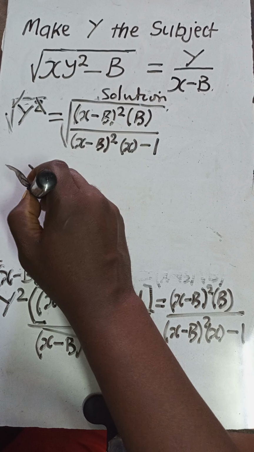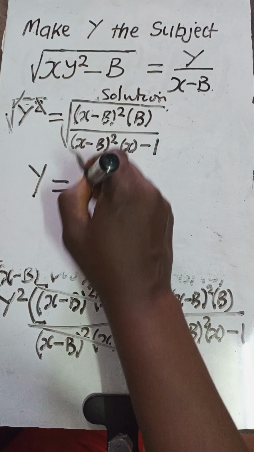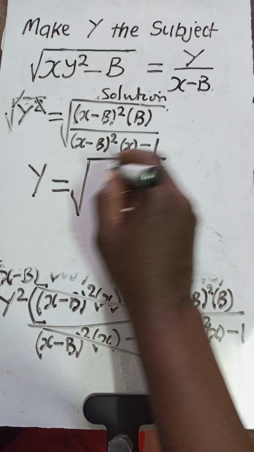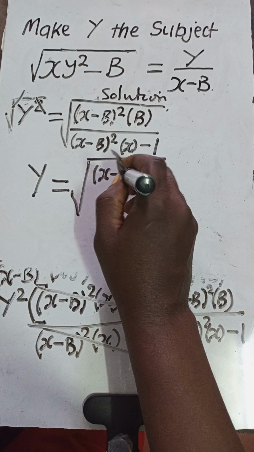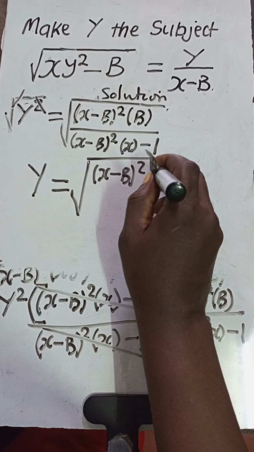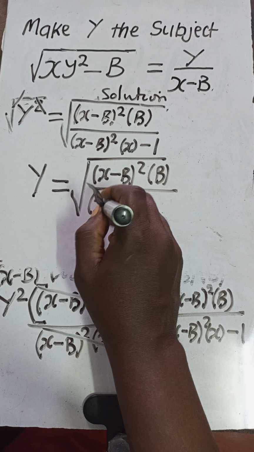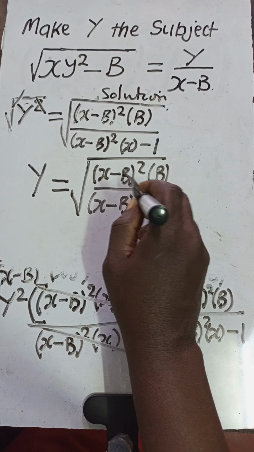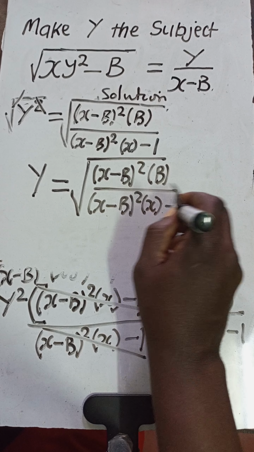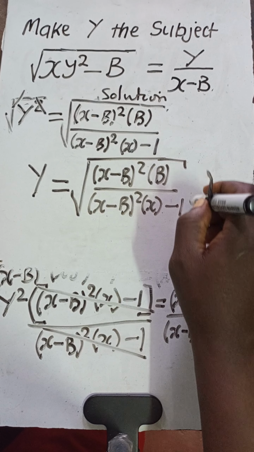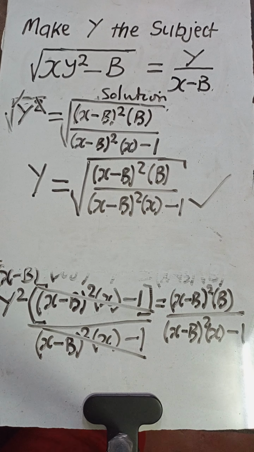We now have the expression for y as we're asked: y is the root of x minus b all squared multiplied to b, all over x minus b squared multiplied to x minus 1. This is the expression for the variable y in terms of x and b.